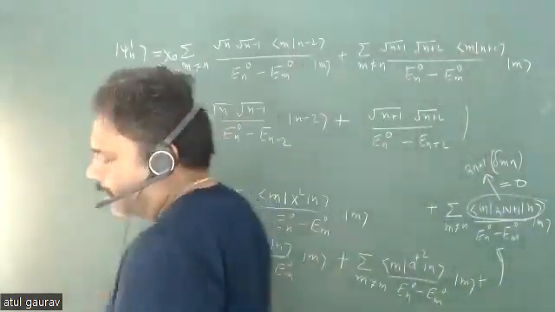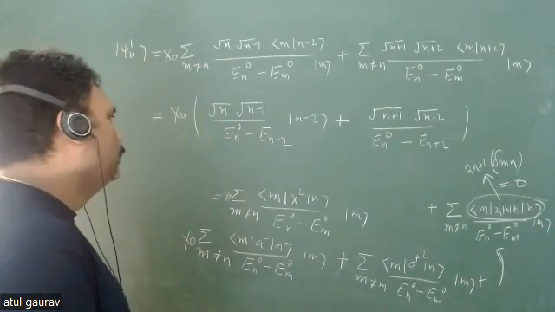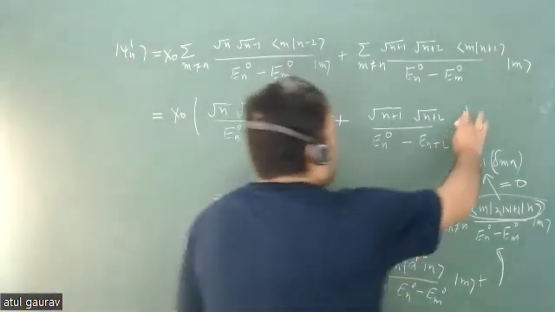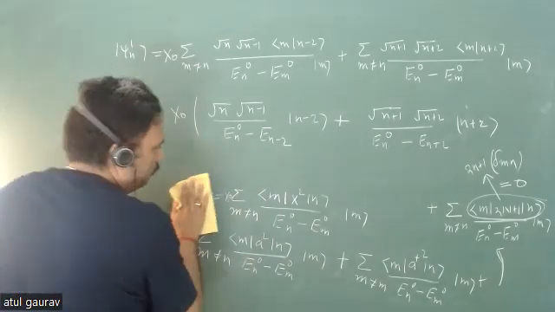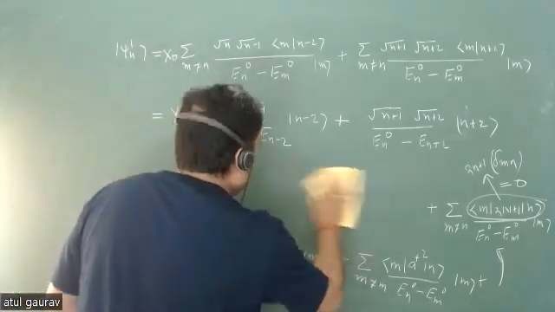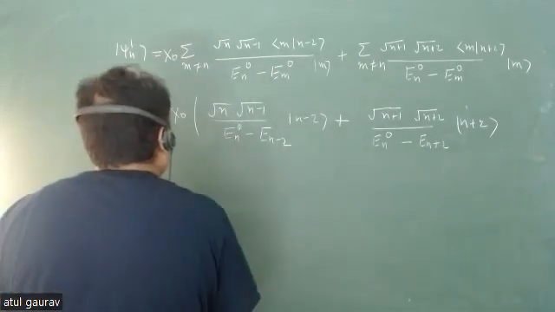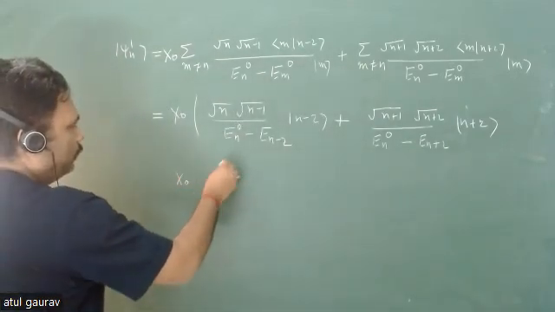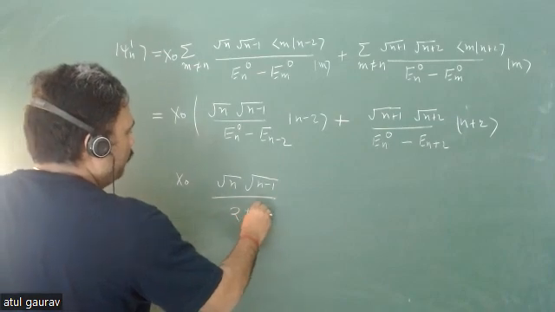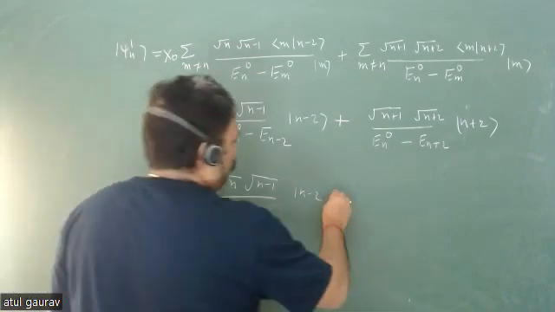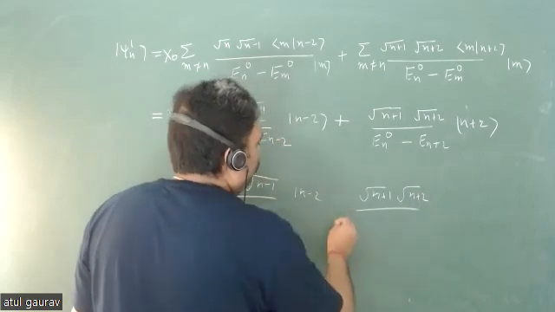Now when you look at this, what will be next? Tell me, what will this value be? This is the energy difference between the two conjugate levels, and this value is n+2, 2h cross. Very good. So when you go for this particular thing, you have x0 root n, n-1, and this value is 2h cut omega, n-2, plus root n+1, root n+2, and this value is equal to what?